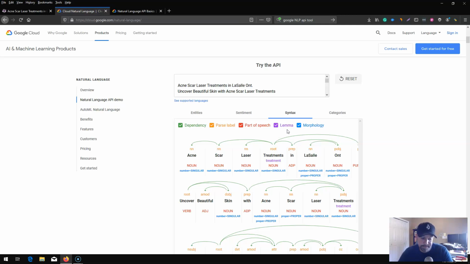And with this sort of breakdown, it's going to classify each one of these words as a noun, pronoun, adjective, and so on and so forth. And you can kind of see the relationship, like treatments here is the root of these sort of other nouns.